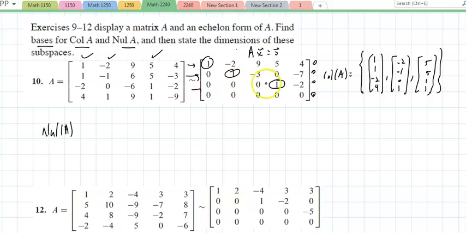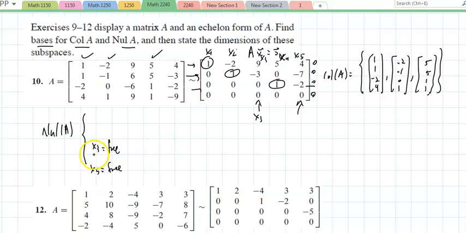And we already know that x3 is free, and x5 is free. x1, 2, 3, 4, 5.